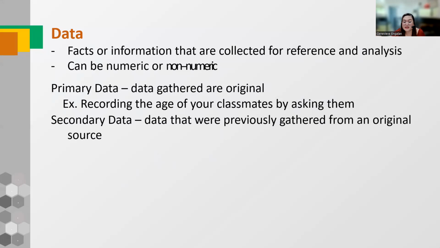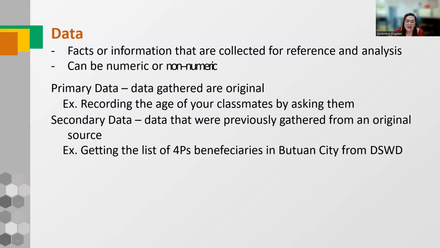So that is secondary data. My example is getting the list of 4Ps beneficiaries in Butuan City from DSWD. You are not the one who originally collected the data, the DSWD did. So you just asked for their list. So that is secondary data.